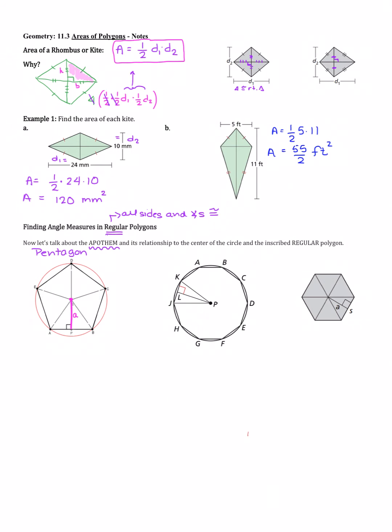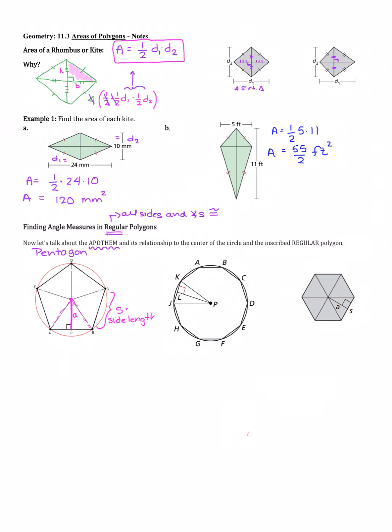And the apothem is basically the height of one of the triangles. Every single triangle in that polygon has an apothem, but they would all be identical. All right, then we know that all our side lengths will be the same, and we refer to that with s. So s equals the side length.